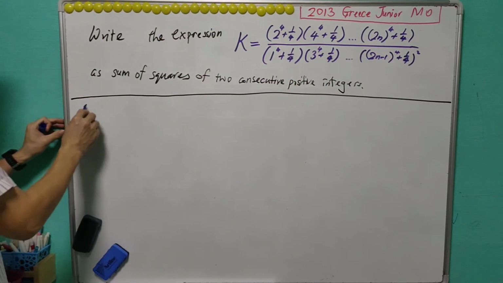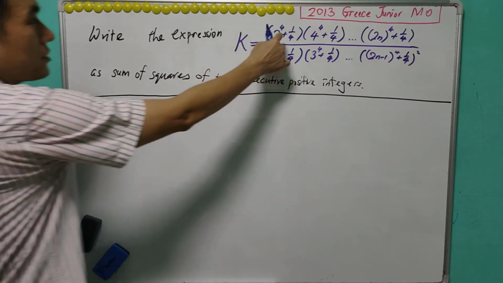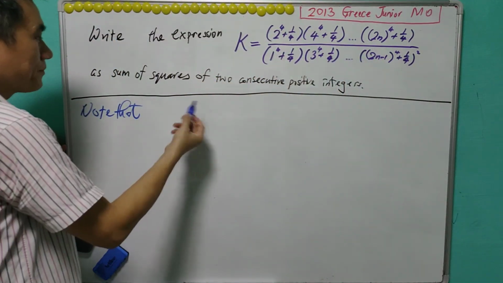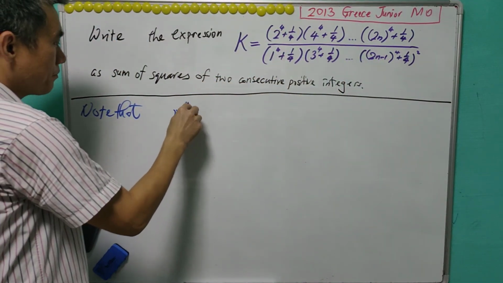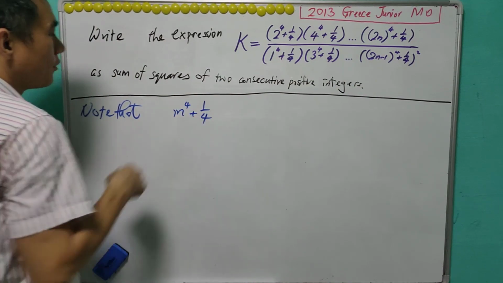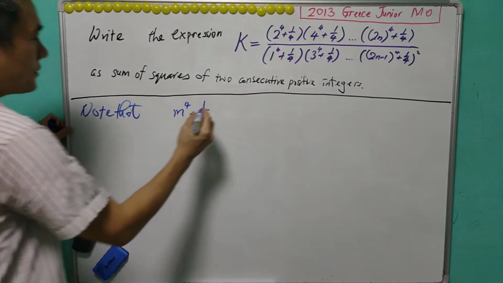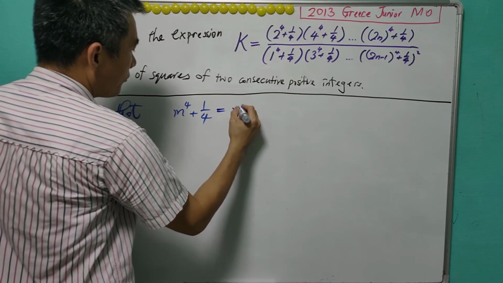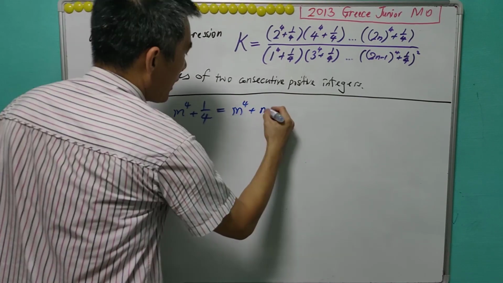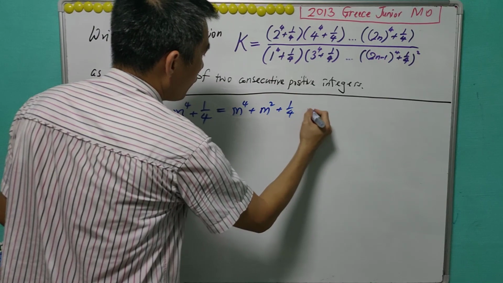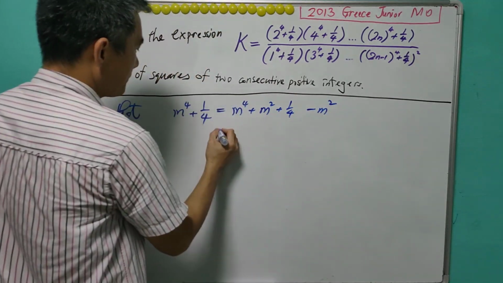As suggested, we note that each of these terms is of the form m to the power 4 plus 1 over 4. And we can write this as m to the power 4 plus m squared plus 1 over 4, minus m squared.